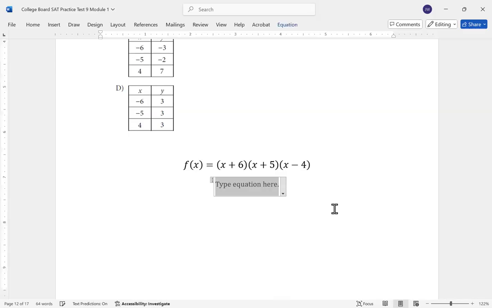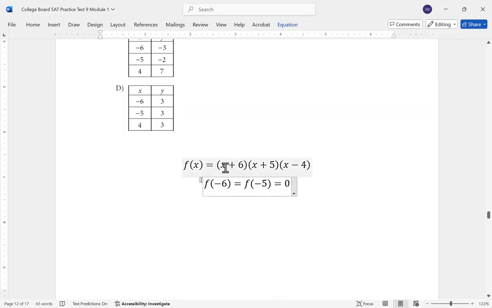So when you plug in, for instance, -6, what's going to happen is that this term, x plus 6, becomes a 0. And anything times 0 gives you a 0. So f of -6 is going to be 0. That's going to be the same thing if you plug in a -5. So f of -5 is also 0.